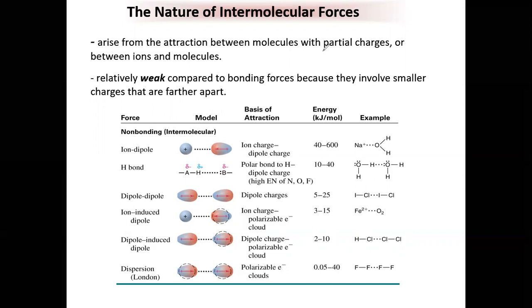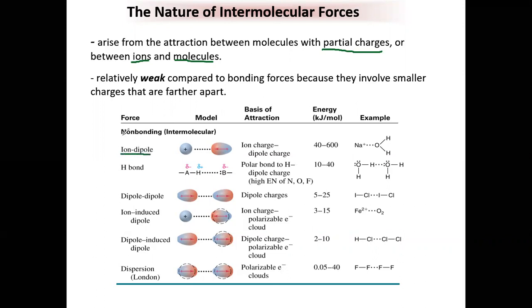It can be from partial charges on molecules that interact with ions, or partial charges on molecules that interact with other molecules. So again, these are forces that are holding molecules together, or molecules and ions together. As I said earlier, these are a lot weaker than intramolecular forces. So the strongest intermolecular force is what we refer to as ion-dipole interaction.